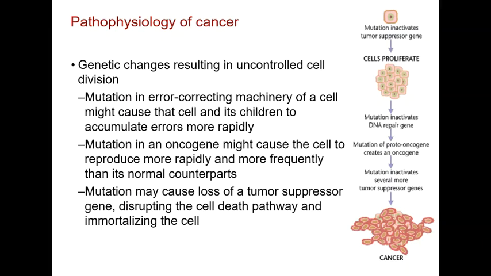So what happens is these checkpoint proteins become mutated. So the cell death pathway does not follow the normal pathway. That is, the cell death does not occur or occurs at a very delayed time point. So practically the cells are immortalized, meaning they don't die under normal conditions. So that can also lead to development of cancer.